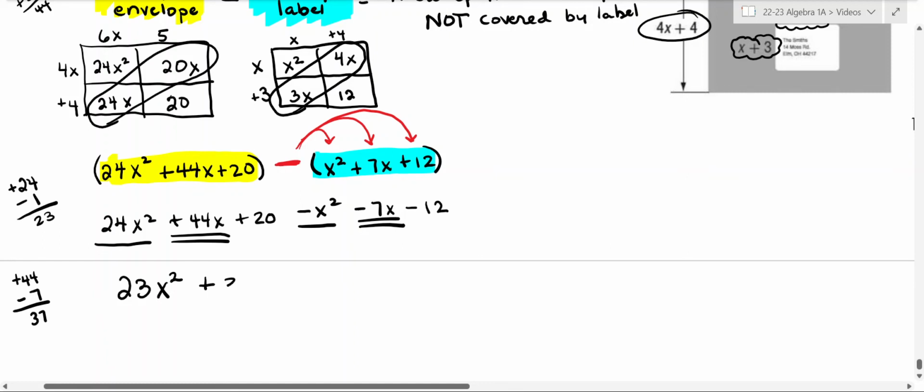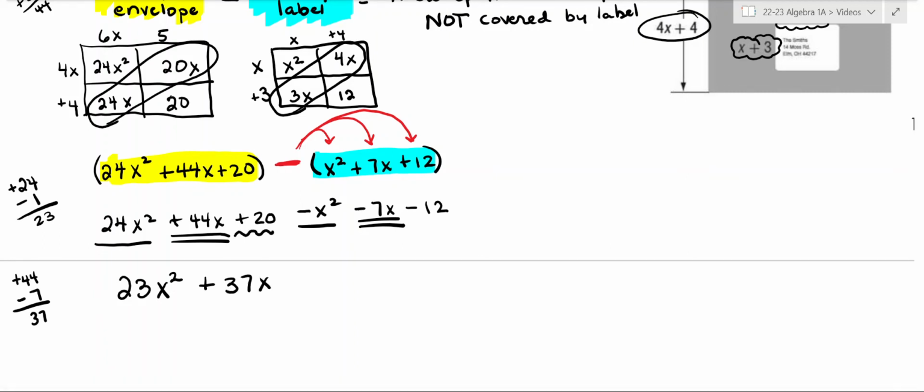So plus 37x. And then lastly, when I look at the two constants, that's a positive 20 and a negative 12. When I combine those, I get positive 8.